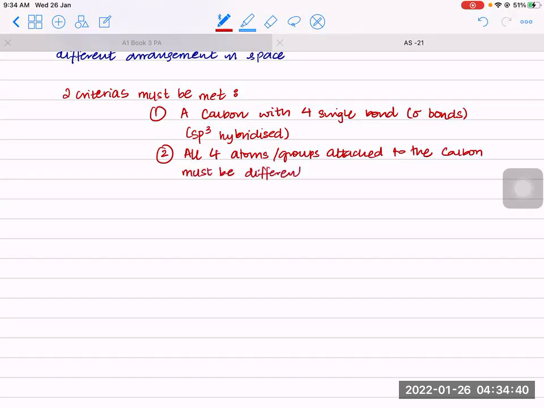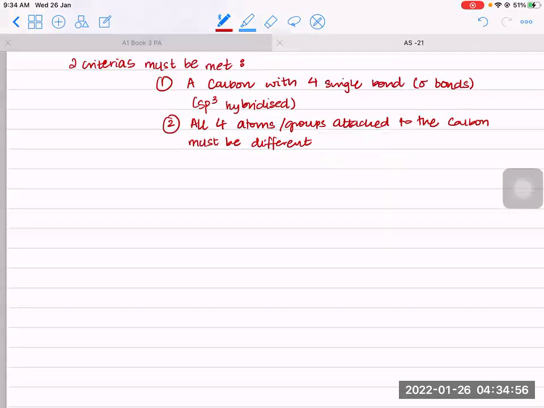So 4 single bonds on a carbon and all 4 different atoms or groups. We will call such a carbon what?